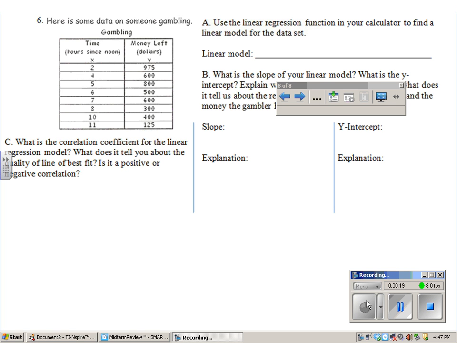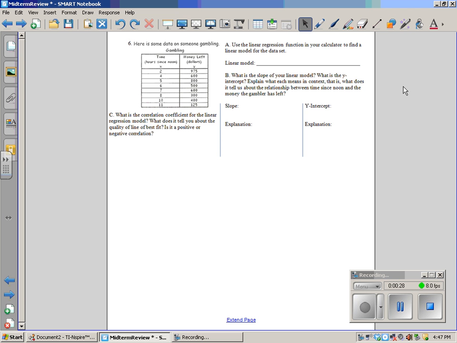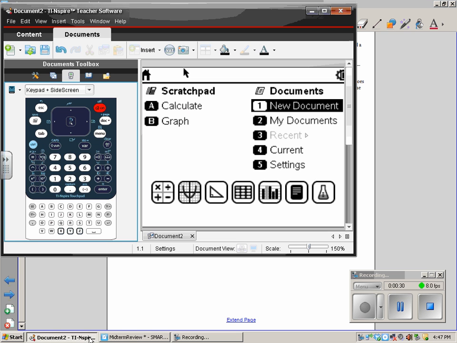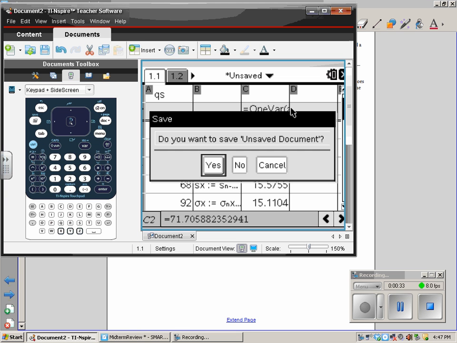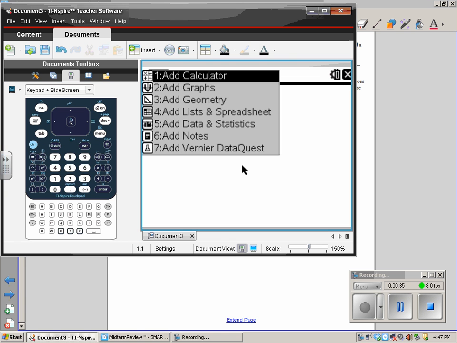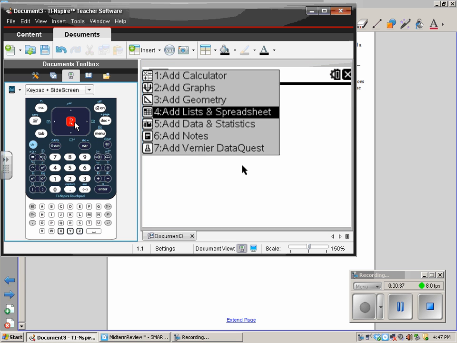So we need our calculators, which luckily I let you guys borrow this weekend. And we need to enter in this table of data. So pull up your calculator. Go to home screen, new document, save changes, no. We want to add list and spreadsheet, and we want to graph the data.